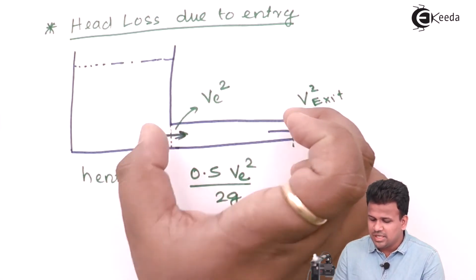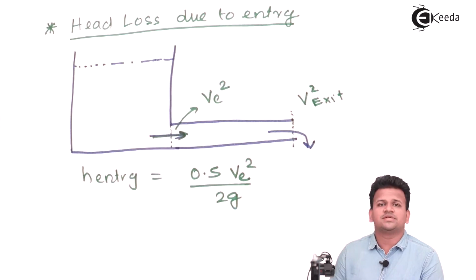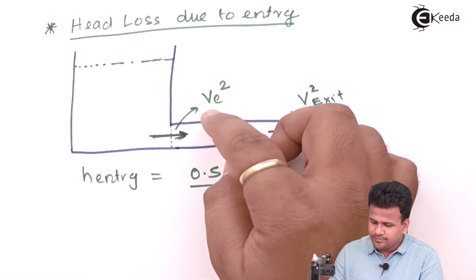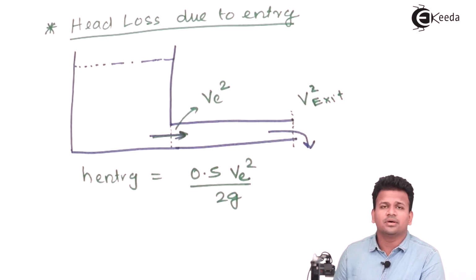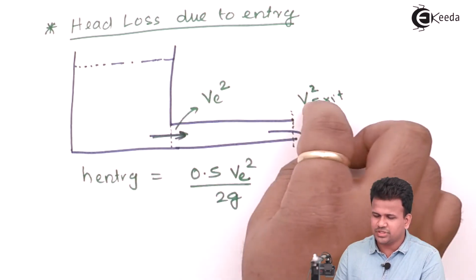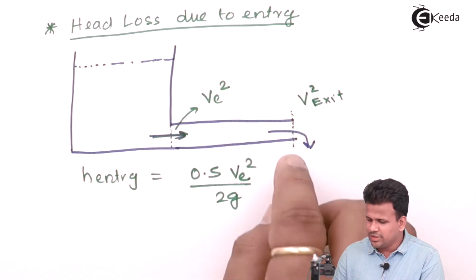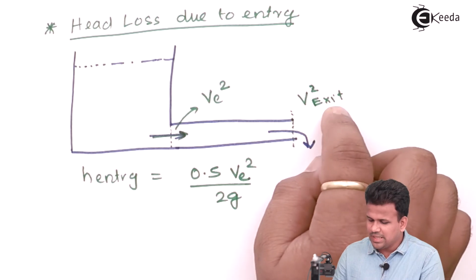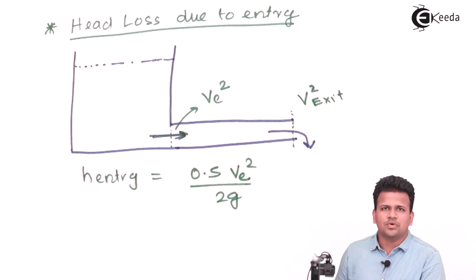That friction loss in the entire pipe is the friction loss due to major losses, that is, the head loss to overcome the friction in the pipe. This part will be called the exit velocity.